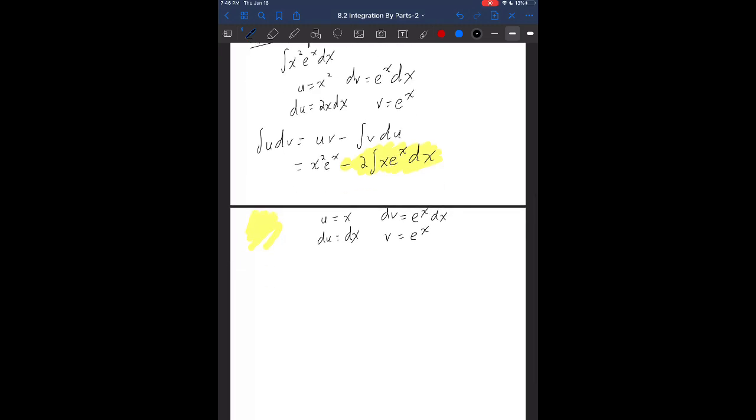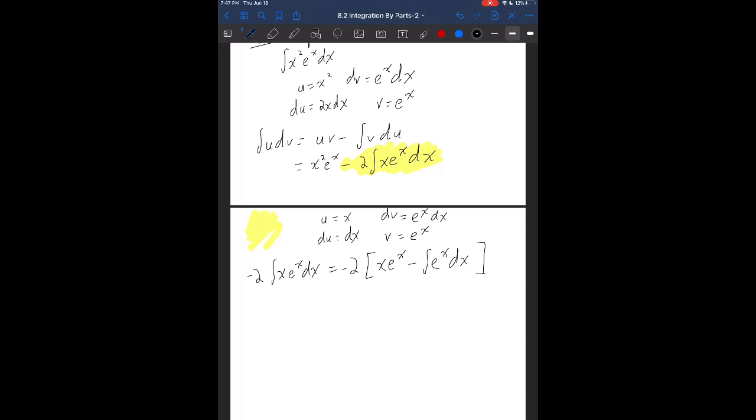So we get that this yellow highlighted part, -2 integral of x e to the x dx, is equal to -2 times u times v. So our new u and our new v are going to give me x e to the x. And finally, I have the integral of v times du, or e to the x dx.